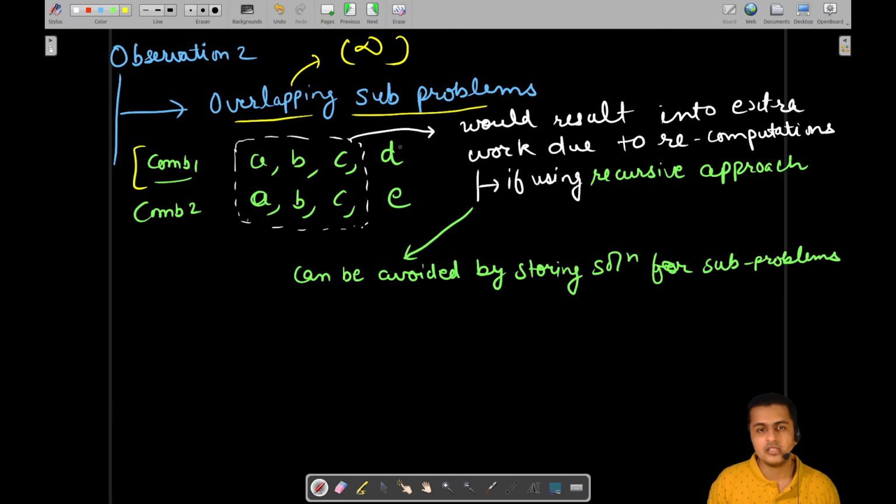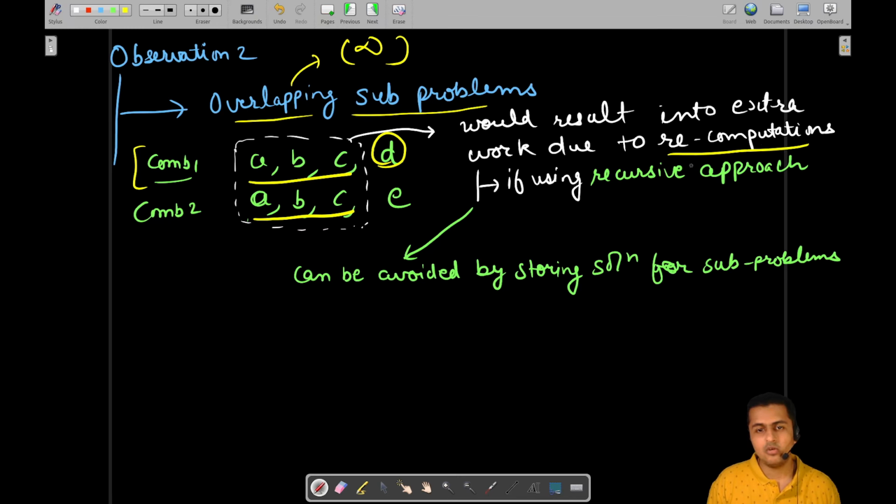Let's say this is our final cell as of now. See, in these two combinations, this much portion is common. So you would be doing extra work to recalculate, or do recomputations, for this overlapping part of two different combinations, if you are using a recursive kind of approach.